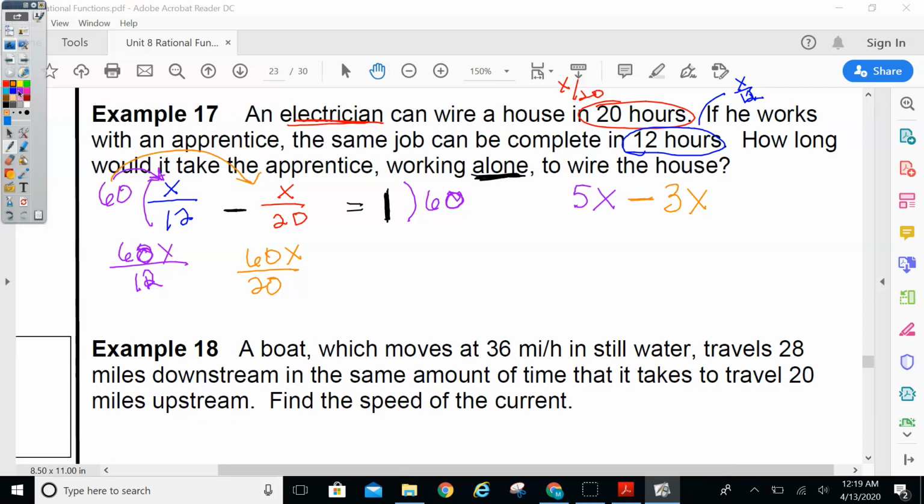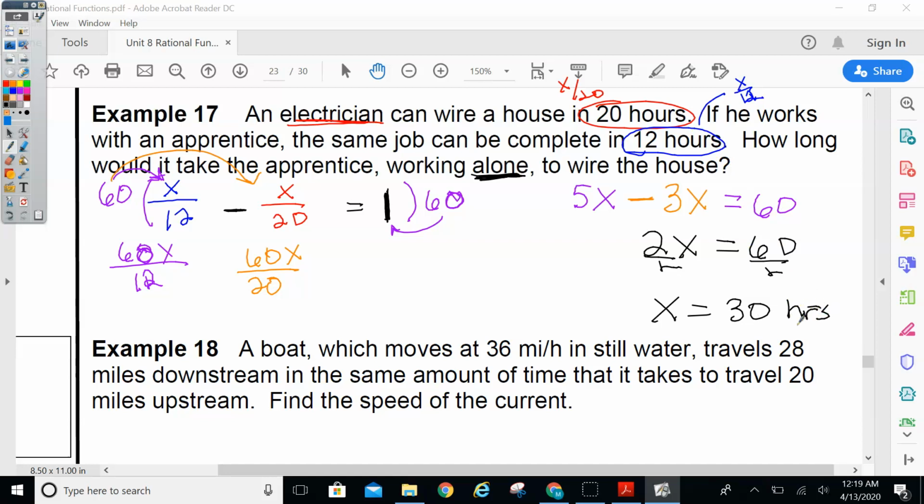Multiply the 1 by 60, and it's equal to 60. Alright, so 5x minus 3x is 2x. 2x equals 60. Divided by 2, x is 30. And this is in hours.